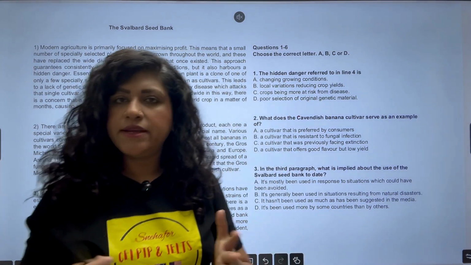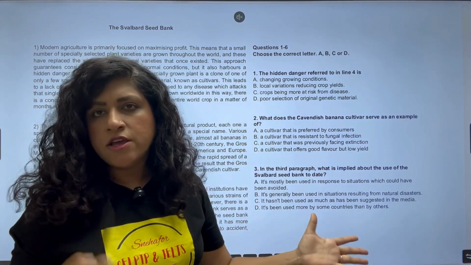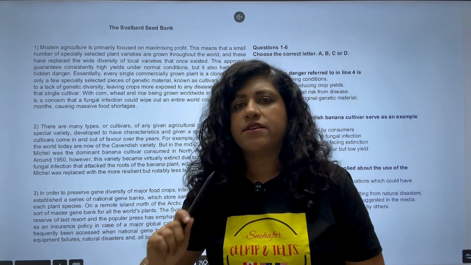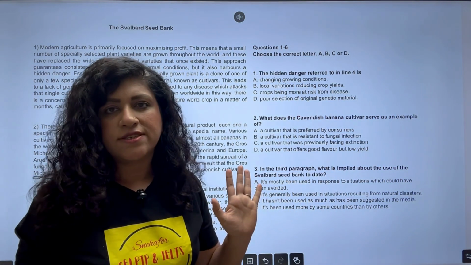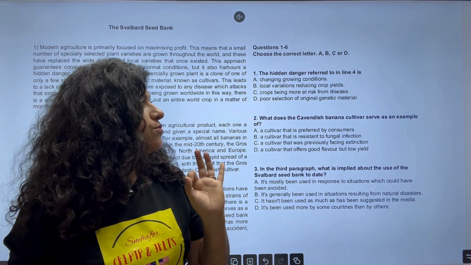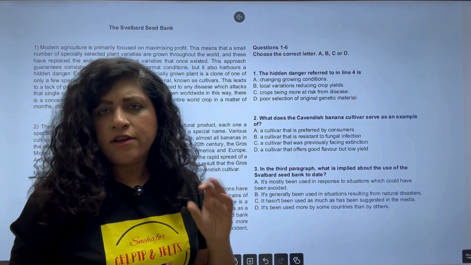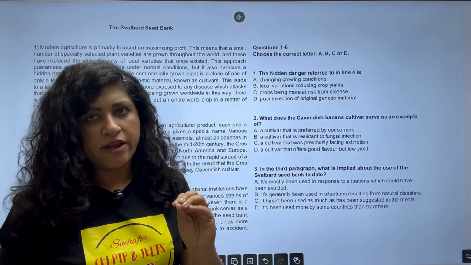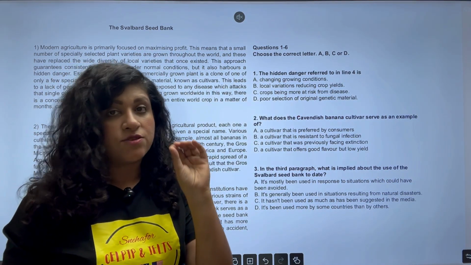And with that, let's read question number 1. So you need not waste your time reading the text first. Avoid reading the text. Directly come to the questions. Read question number 1. It says, the hidden danger referred to in line 4 is. Now, this is a very particular question that's pointing to a line in reading comprehension. So I am going to focus on that line.